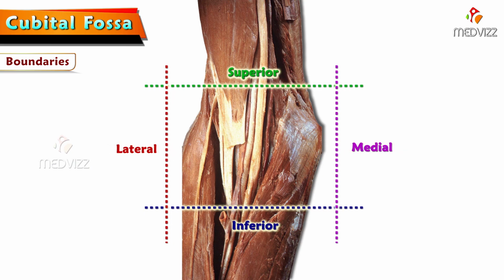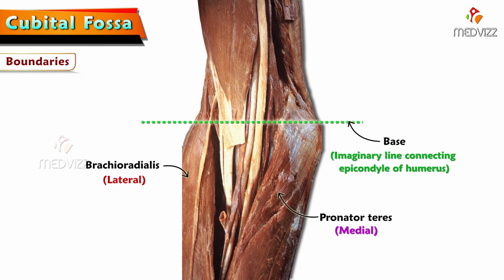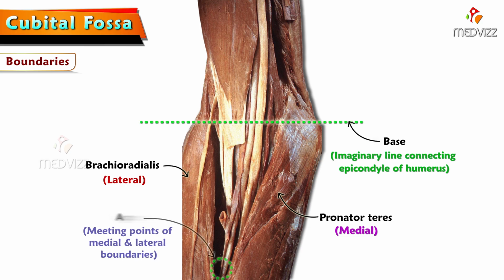These boundaries are: medial, pronator teres; lateral, brachioradialis; base, an imaginary line connecting the epicondyles of the humerus; and apex, the meeting point of the medial and lateral boundaries.